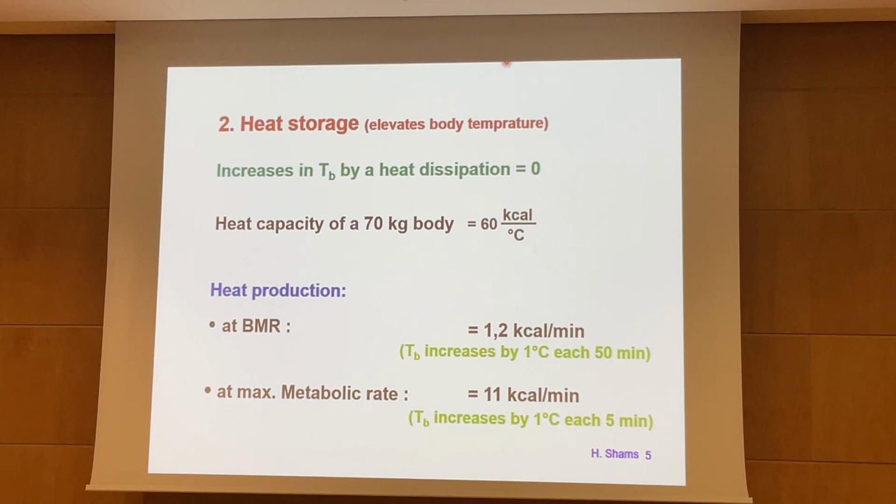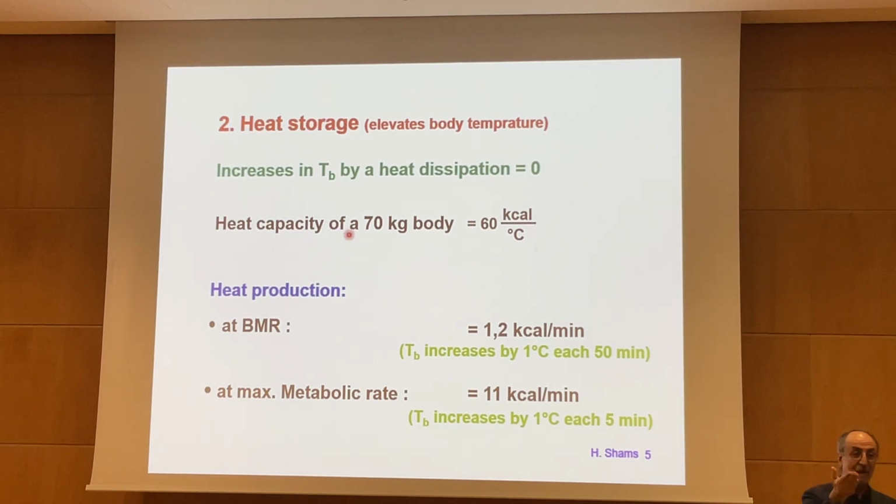And how much kilocalorie do we produce? 1.2 kilocalorie per minute. How long does it take to get 60 kilocalorie? 50 minutes. 50 times 1.2 is 60. It means every 50 minutes, our body temperature will rise by 1 degree Celsius if there is no heat dissipation.